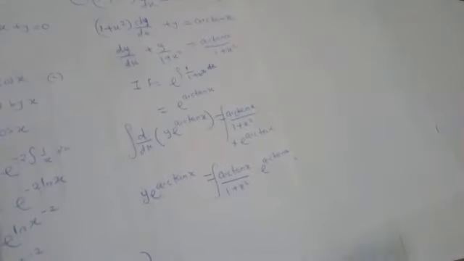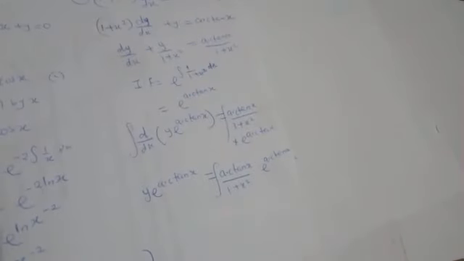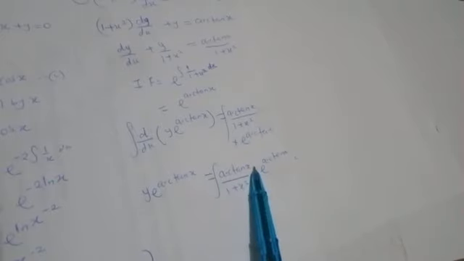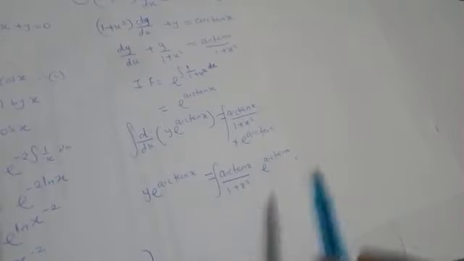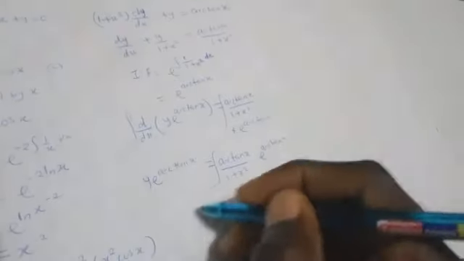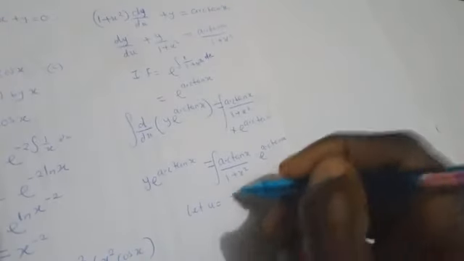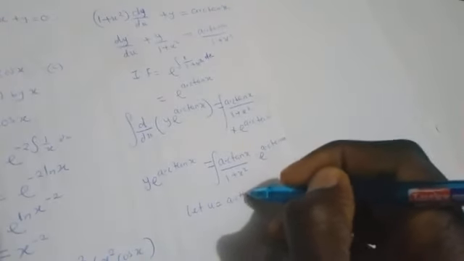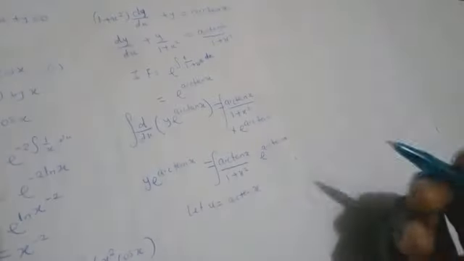Thank you. Now, in order for me to be able to integrate this side, you are going to recall that if I should differentiate arc tan x, what will I get? I will get 1 over 1 plus x squared. So let me say let u be equal to arc tan x, right?